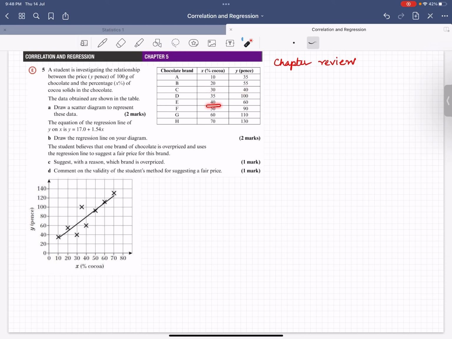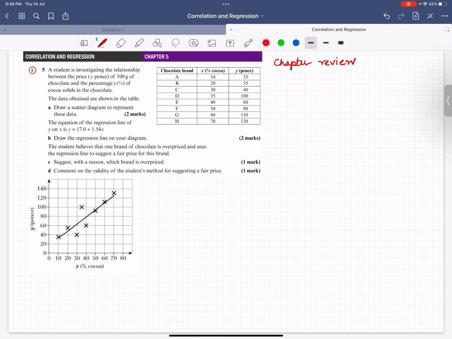Brand E has 40% cocoa, the price is 60 pence. Whereas brand D has 35% cocoa and its price has shot up to 100 pence, which clearly is not a correct price. So now we know that D is the brand which is overpriced.